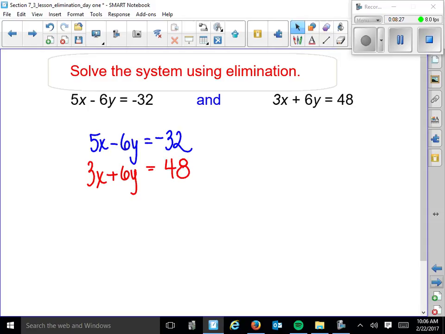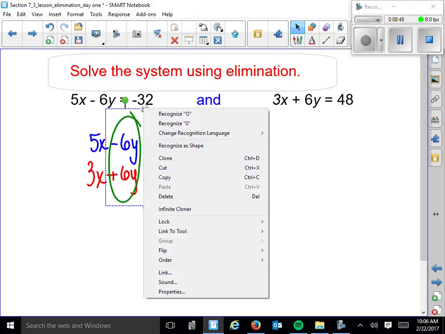Okay, now as I take a look at my x's, if I added them together, right now they would add to 8x. And if I added the y's together, negative 6y plus 6y, they will add to 0, so we would be eliminating them.